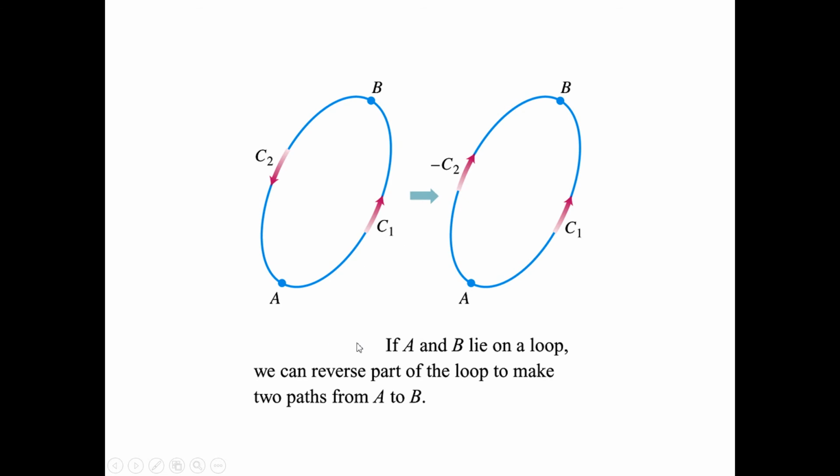If A and B lie on a loop, we can reverse part of the loop to make two paths from A to B. So if we have a loop which starts from A and ends at A, and we have some point B here, we can make two paths from A to B by reversing, of course, one portion of the loop.